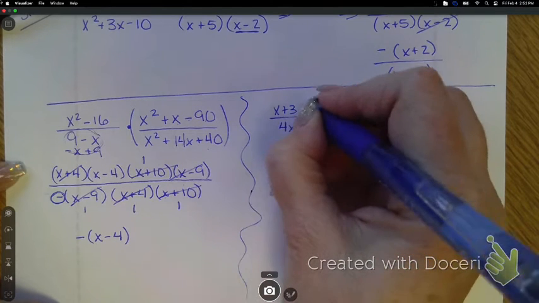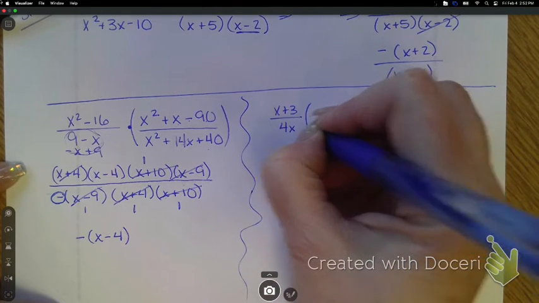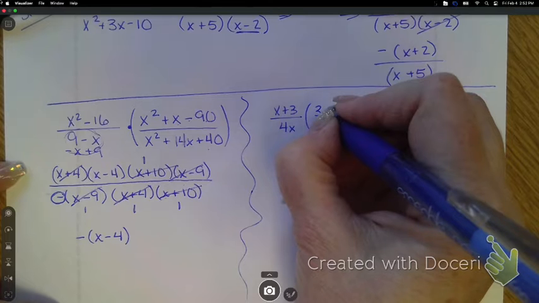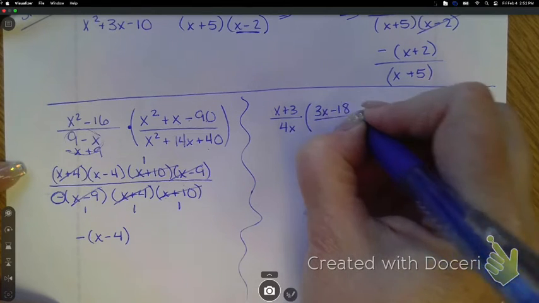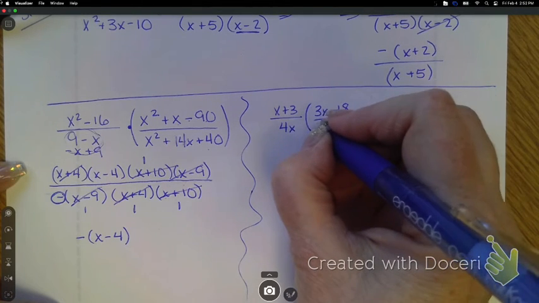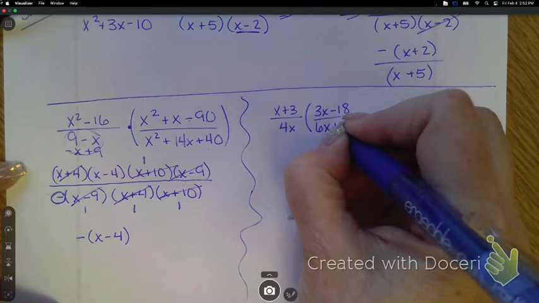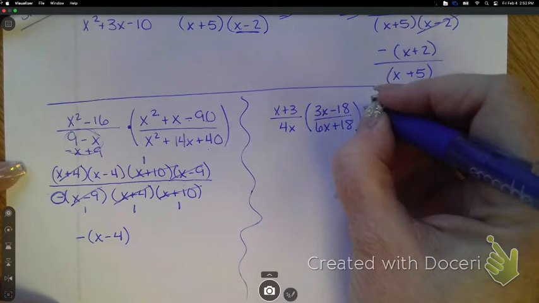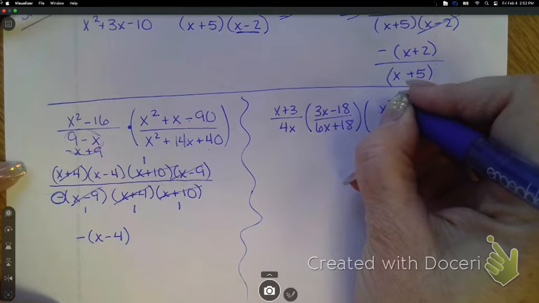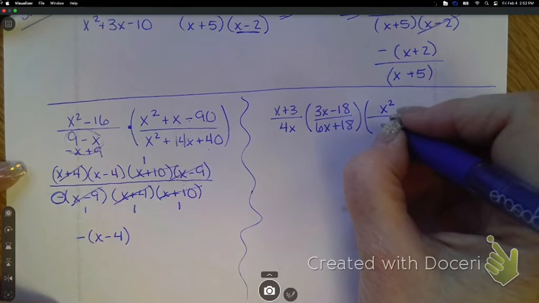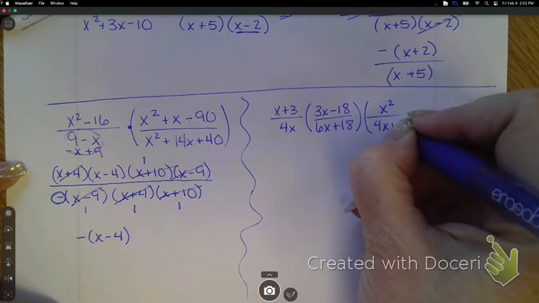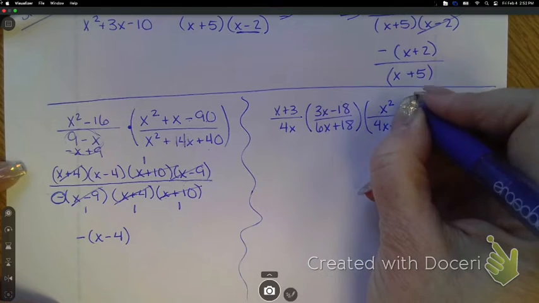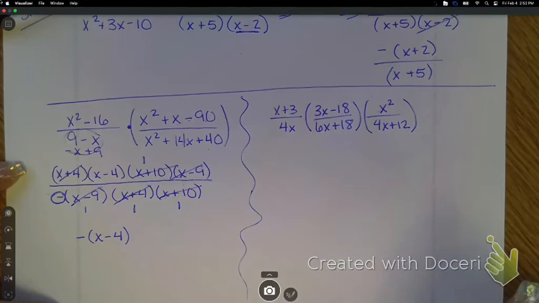And I'm just going to put parentheses, not dots. 3x minus 18 over 6x plus 18 times x squared over 4x plus 12. Does it change anything that I just gave you 3? No.